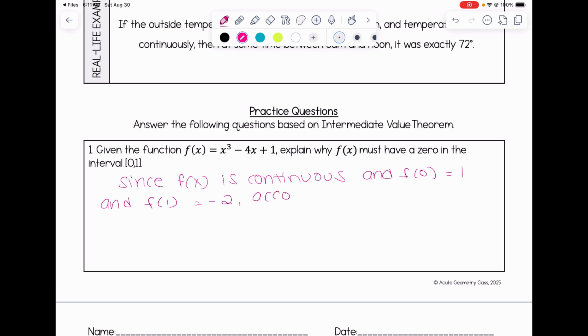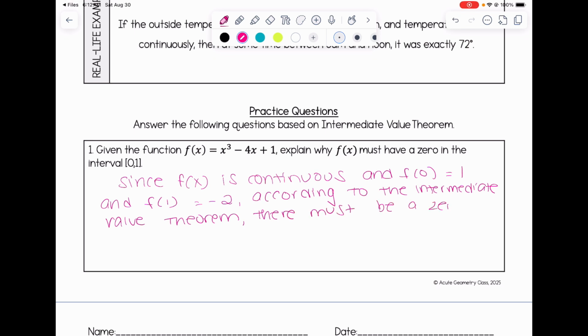Then basically, according to the intermediate value theorem, there must be a 0 over the interval 0 to 1.